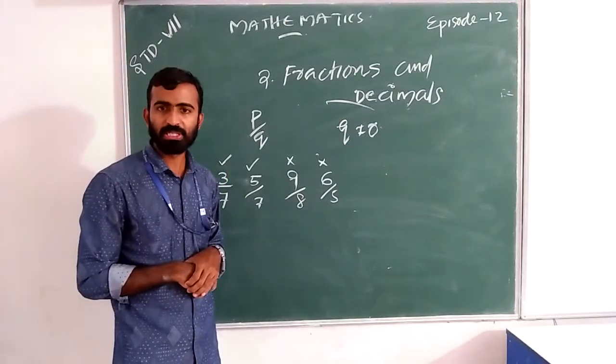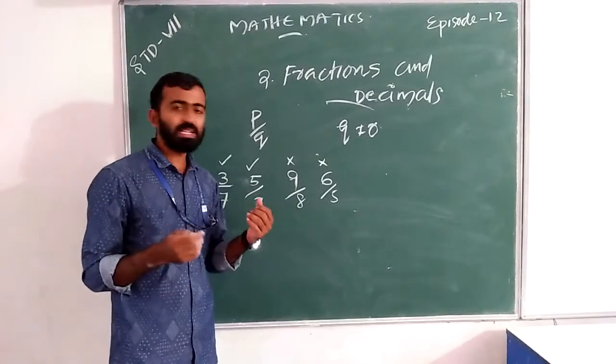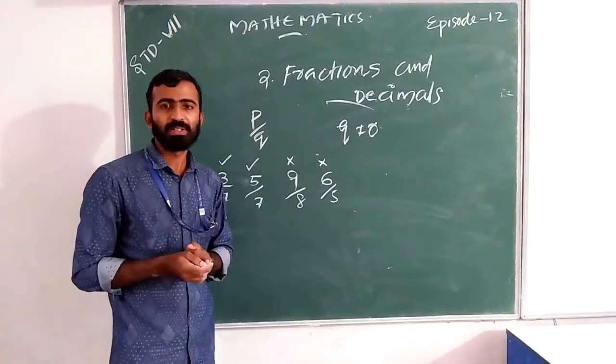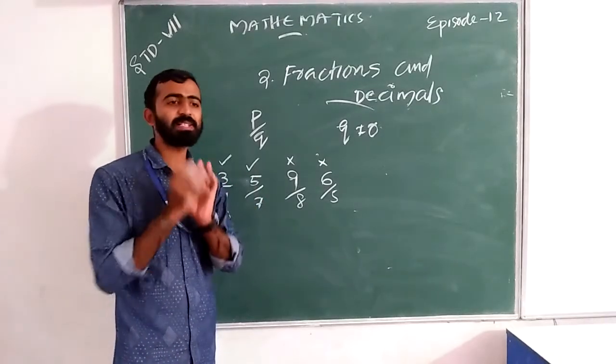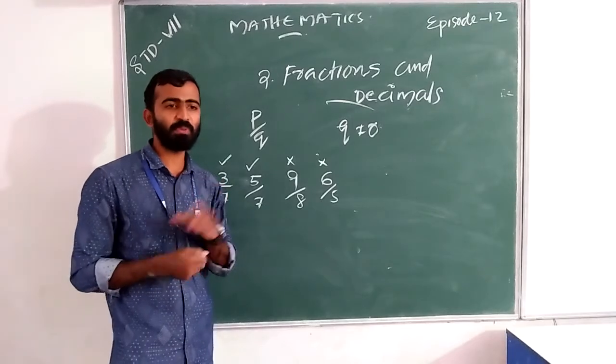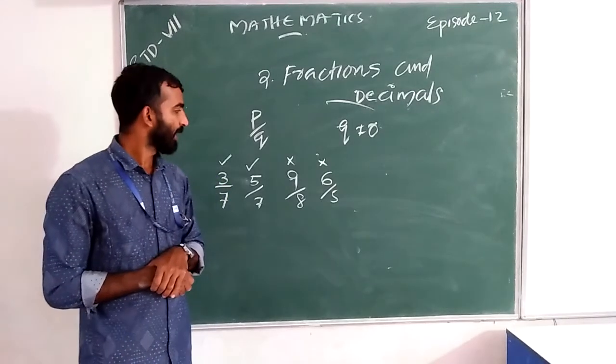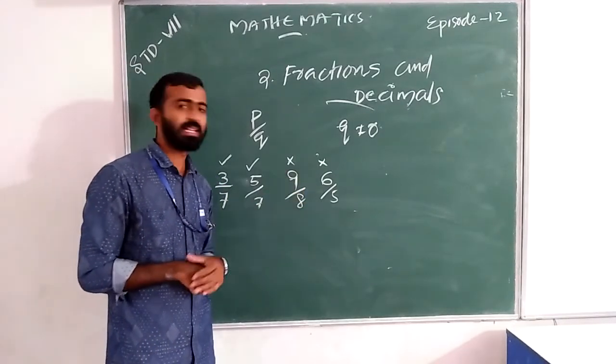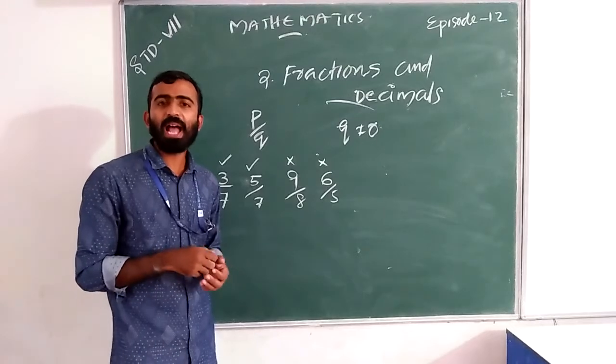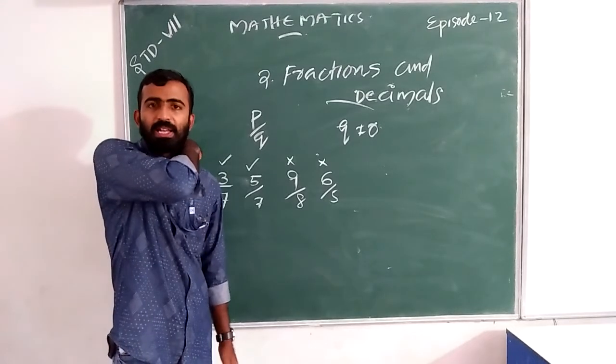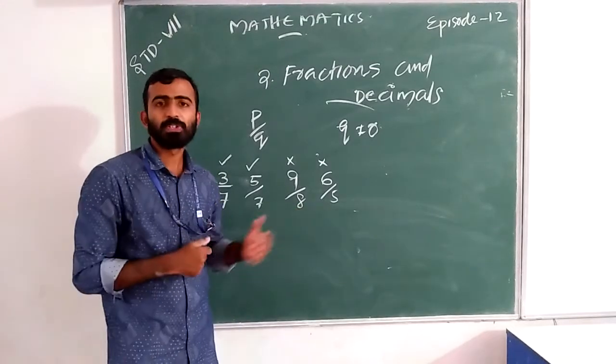Any doubt? Then tell me, what is the improper fraction? Anyone can say? Improper fraction means the numerator is big and the denominator is small.